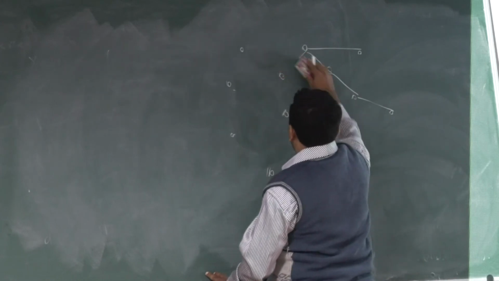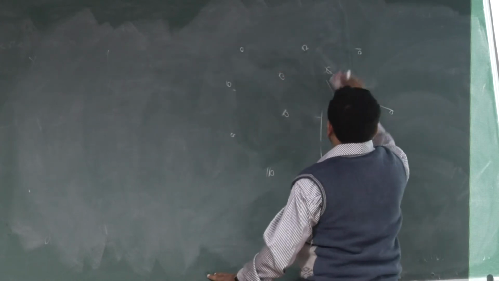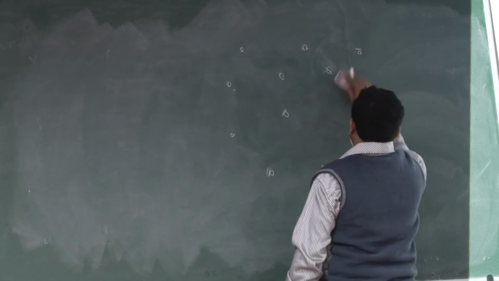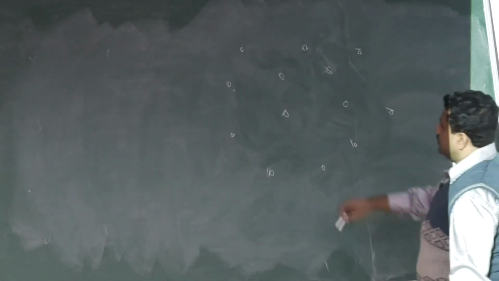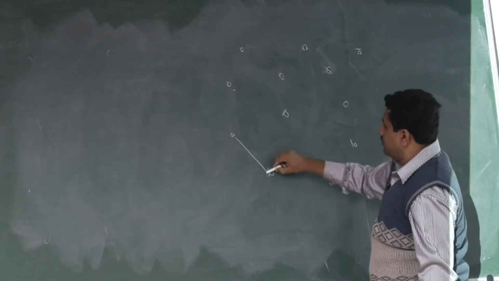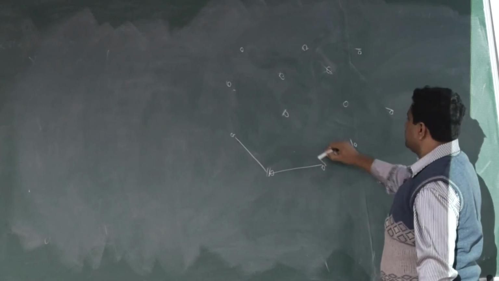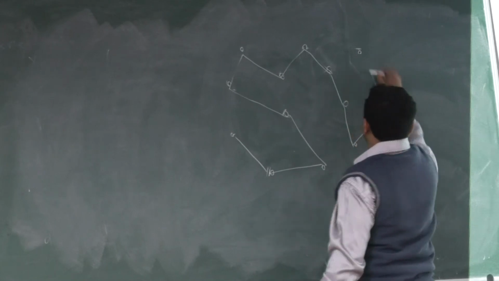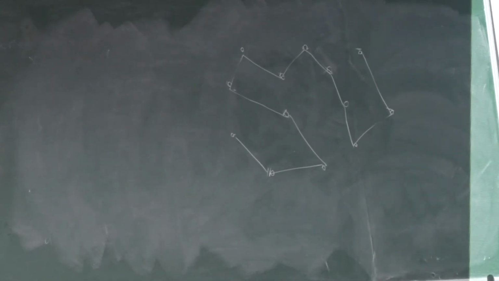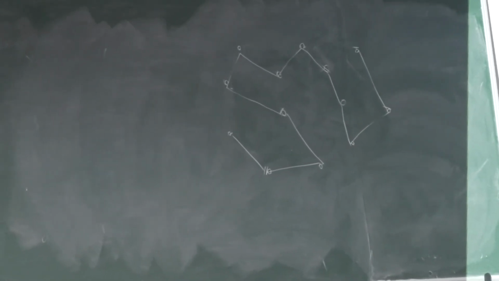So I will not have a road network like this. Instead, you can start from somewhere like this. You may go here, here, here, here, here, here. Like this. I am looking for a path.